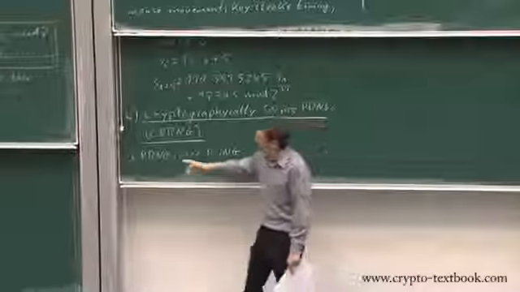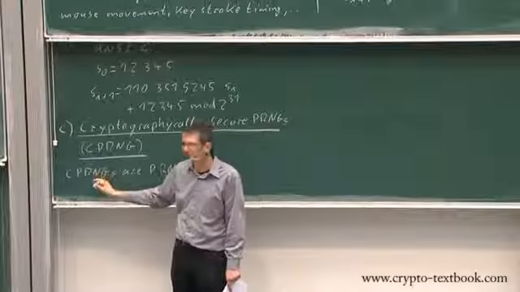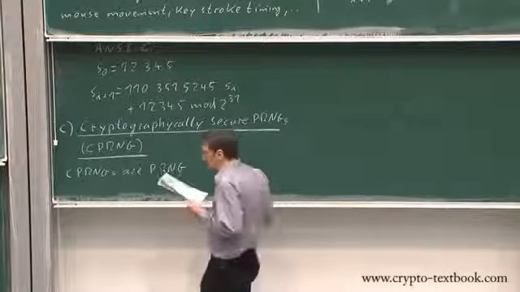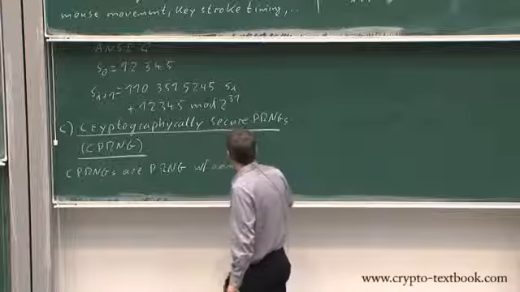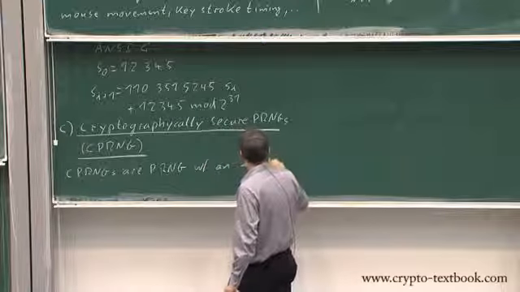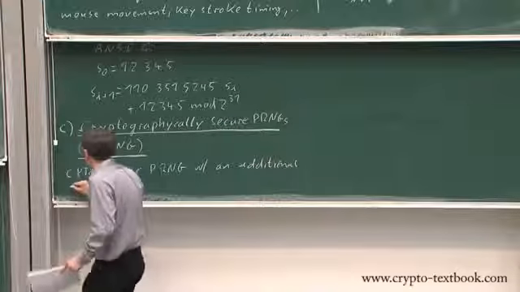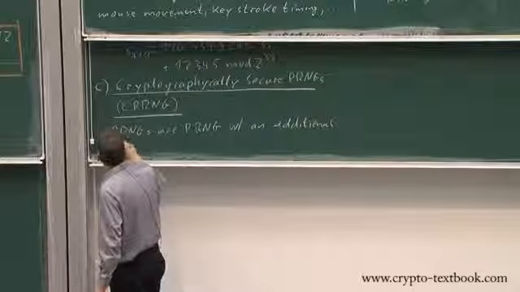So cryptographically secure pseudo-random number generators are pseudo-random number generators with an additional property, also eine zusätzliche Eigenschaft.